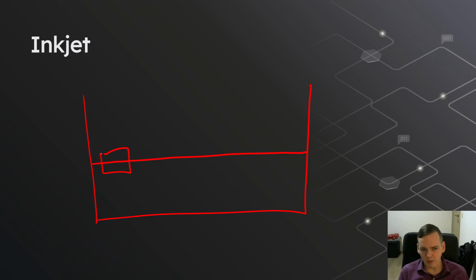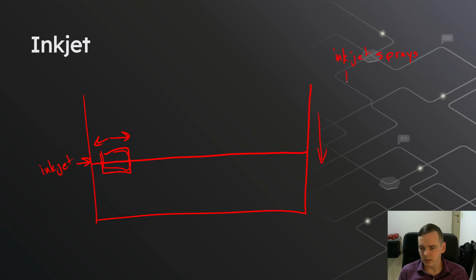But you basically have a box that moves left and right on top of the paper, and the paper slowly moves out as you print. And this box is an ink jet, and it literally just sprays ink onto the page.